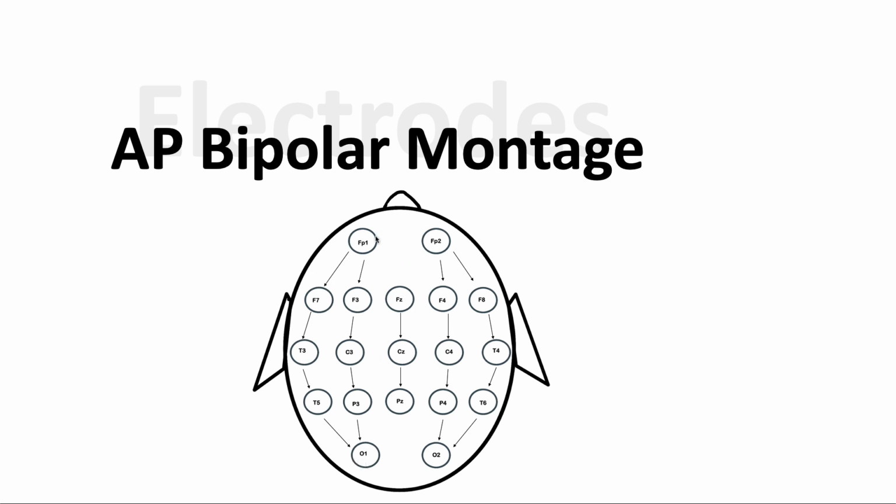The parasagittal chain is FP1 compared to F3, F3 compared to C3, C3 compared to P3, and P3 compared to O1. The central chain is FZ compared to CZ compared to PZ. This is a very, very typical montage you're going to see a lot of. I'll show you some actual screenshots of this type of montage in terms of the raw EEG data later in this lecture.